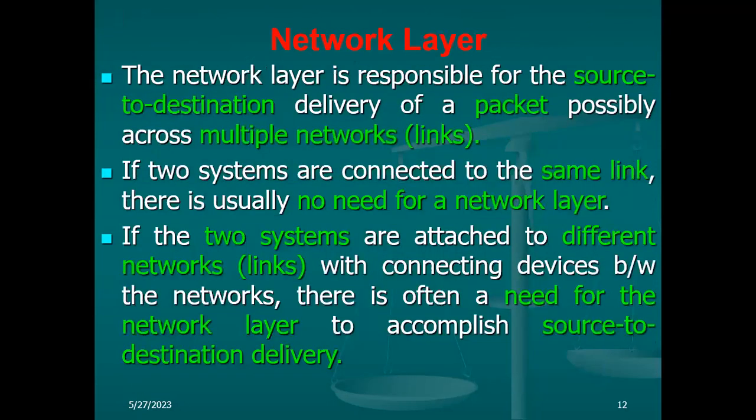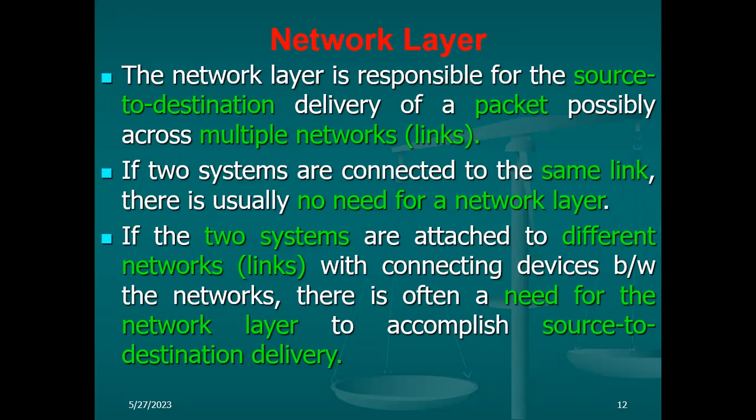So the next layer is the network layer, which is placed above the data link layer. What is the main functionality of the network layer? At the sender side, the network layer receives the data from the transport layer and converts the data into the form of packets.